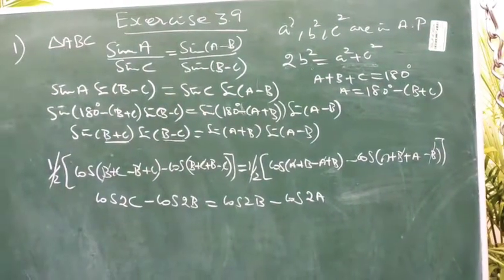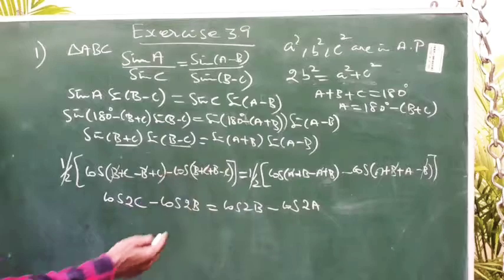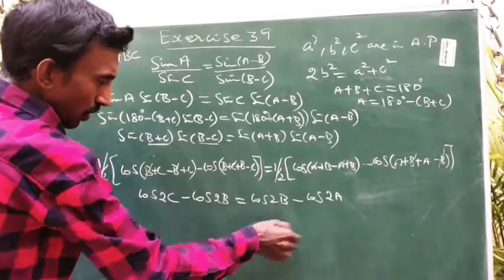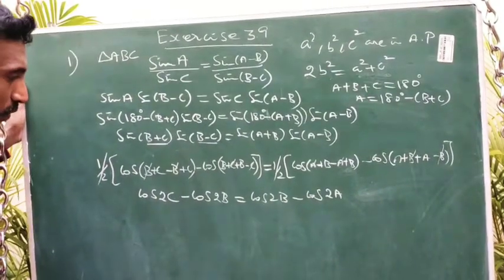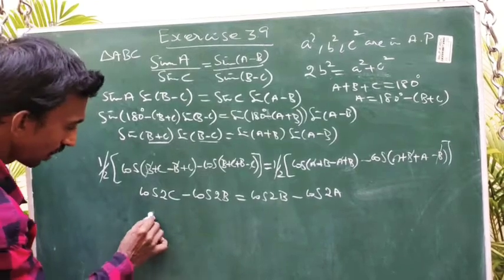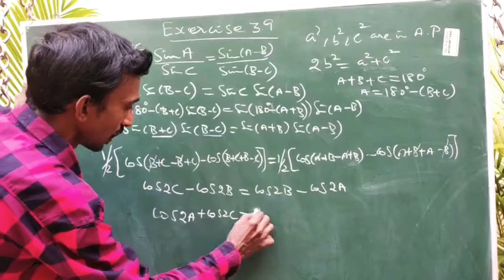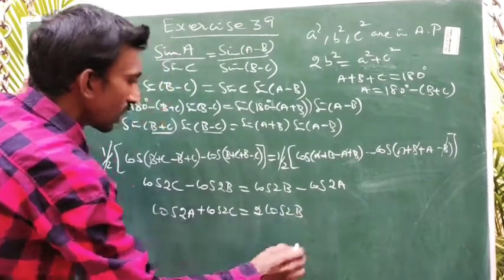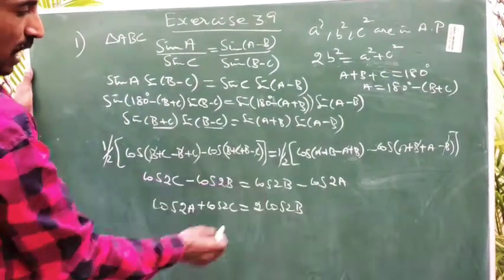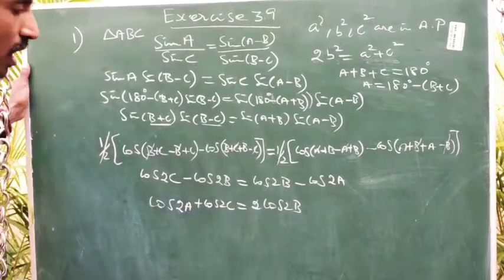So rearranging the terms, move the negative to the right hand side and this one to the left hand side. What we are getting: cos 2A plus cos 2C equal to 2 cos 2B, since cos 2B plus cos 2B becomes 2 times cos 2B.